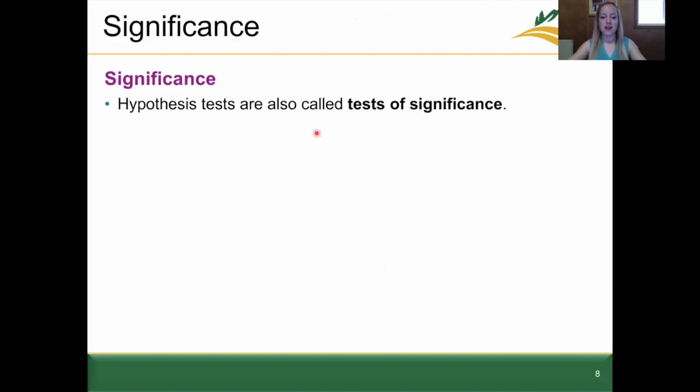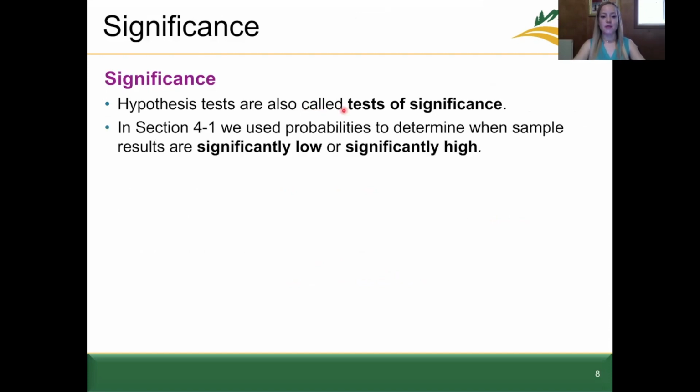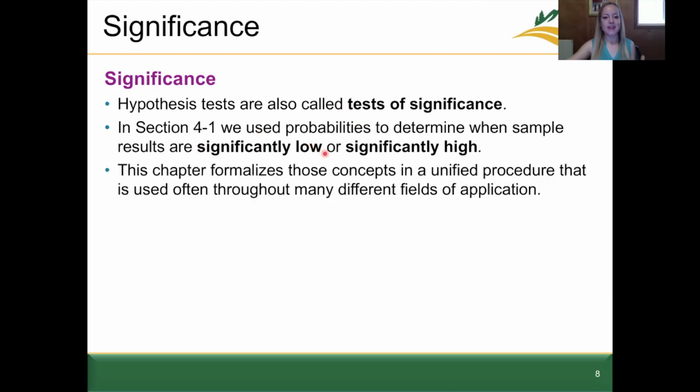I mentioned that hypothesis tests are also called tests of significance. We've seen this verbiage before: in section 4.1, we used probabilities to determine when sample results are significantly low or significantly high. Now in Chapter 8, we will formalize those concepts we learned previously in a unified procedure that is used often throughout many different fields of application.